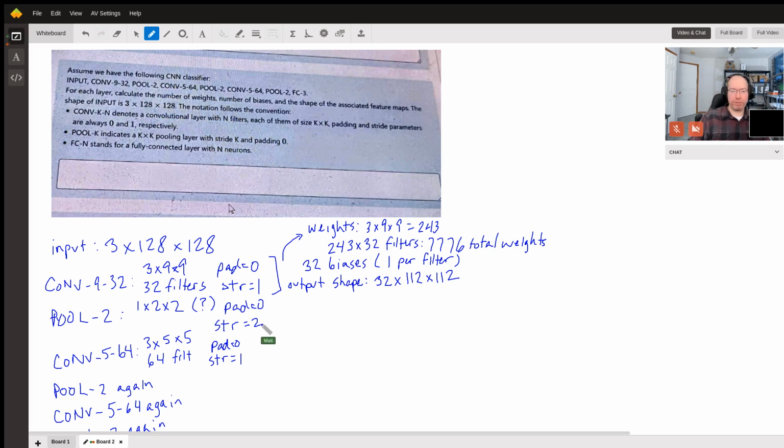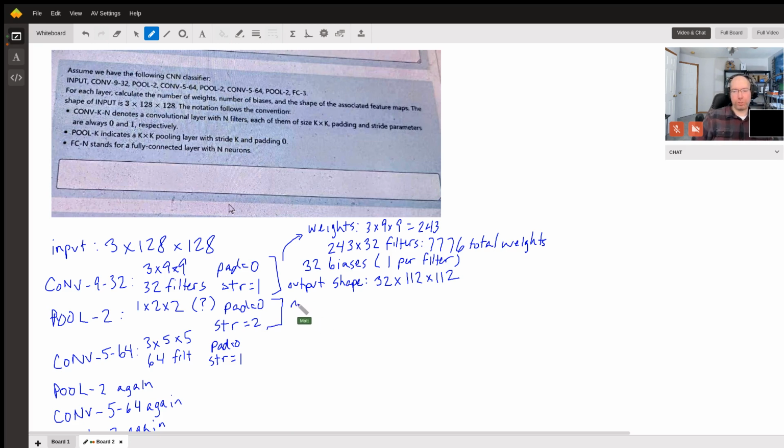All right. So then we've got a pool 2 layer. Okay, so that has no, or I don't think that would typically have any. Like, because a pooling layer you typically calculate either a maximum, minimum, or an average or something like that.